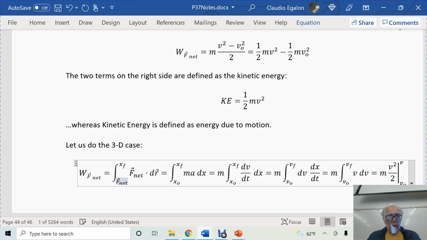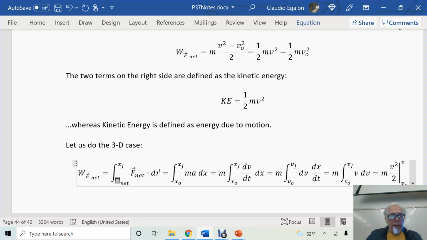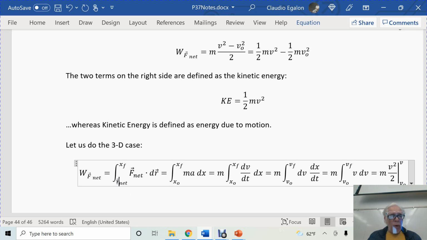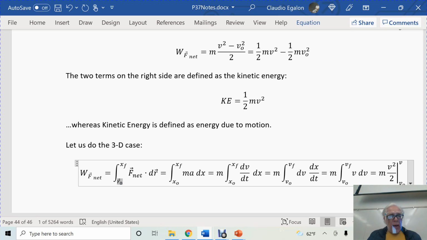The limits don't have to be necessarily a scalar. The limit can be a vector as well. The initial limit is r naught, and the upper limit is the final position.